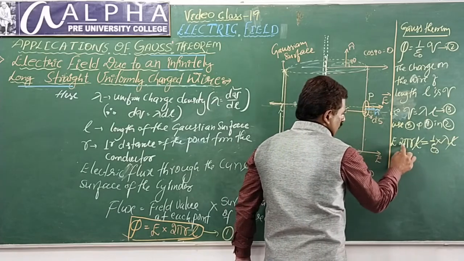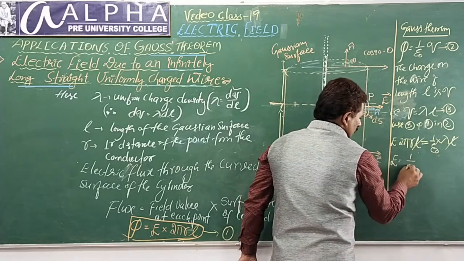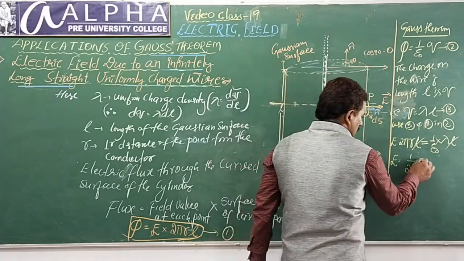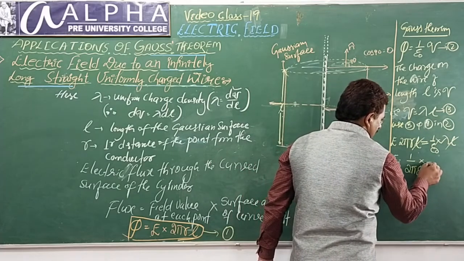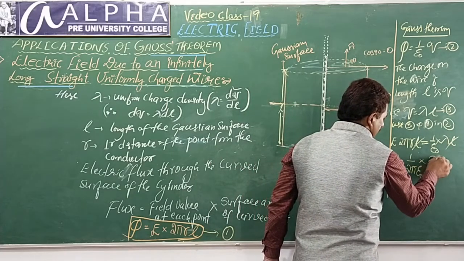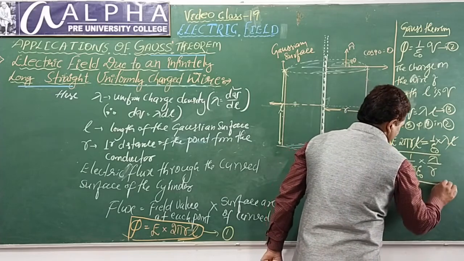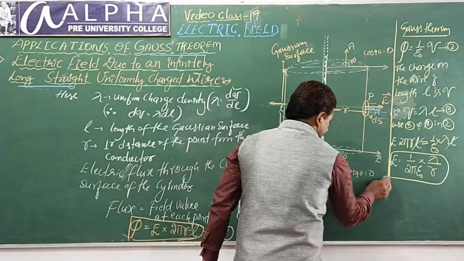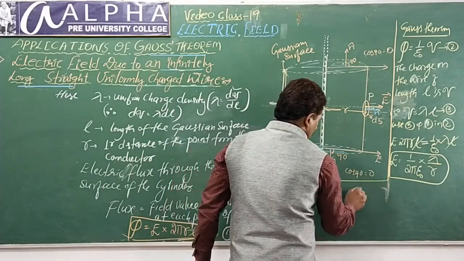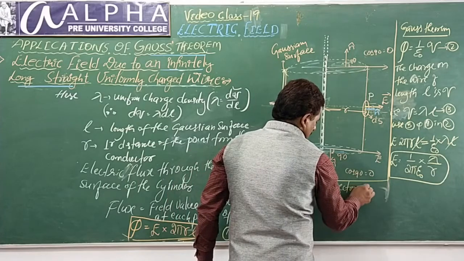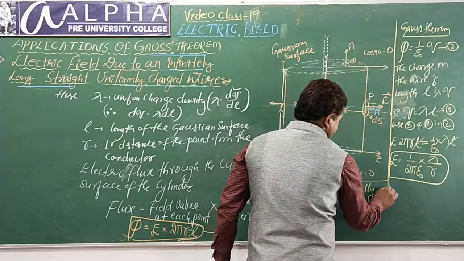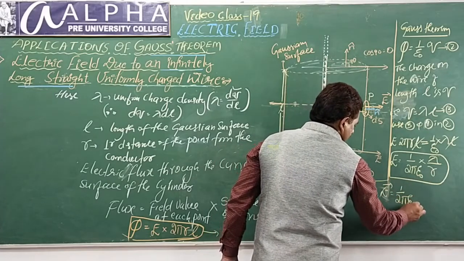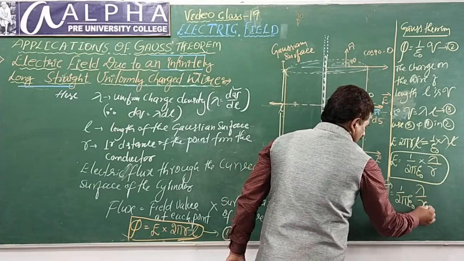You cross multiply: 2 pi with epsilon 0, a constant, times R in the denominator, and lambda in the numerator. What is lambda? Charge density, linear charge density. Now we can write vectorially, the expression is E equals 1 by 2 pi epsilon 0 times lambda by R, right?